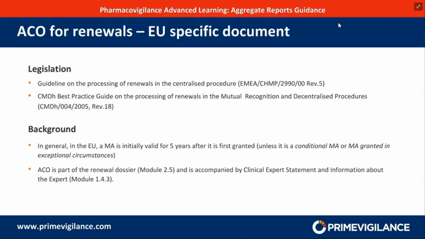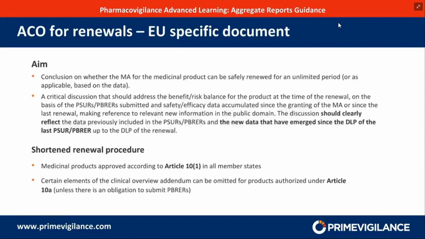And then it needs to be also accompanied by clinical expert statement and information about the expert, which are placed in module 1.4.3. The aim of this report is to provide a conclusion on whether the marketing authorization can be safely renewed for an unlimited period or as applicable based on the data.